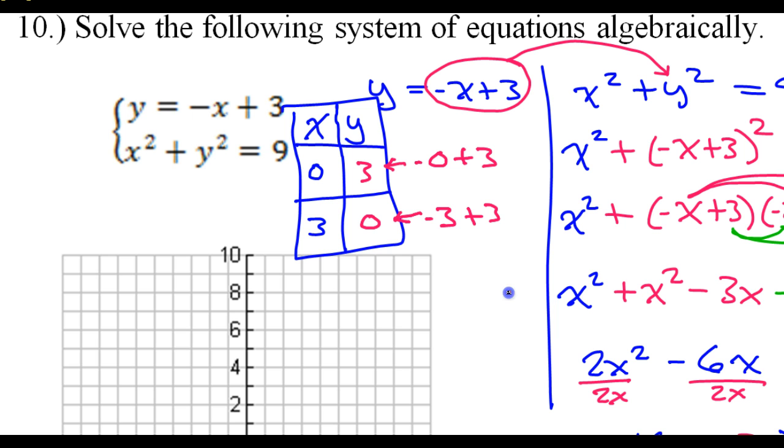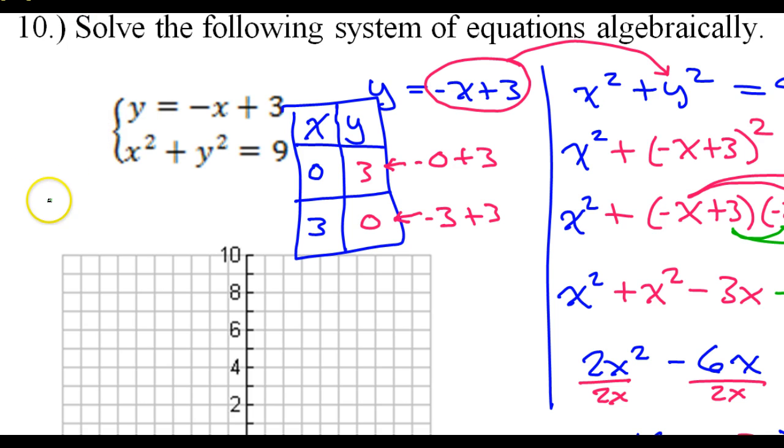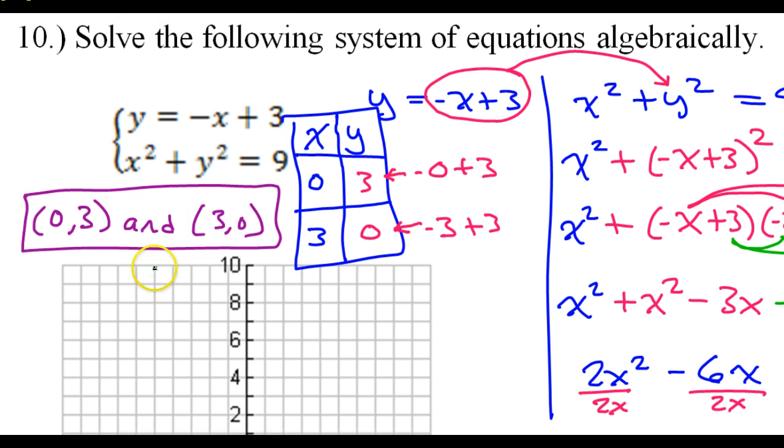Alright, so these are going to be my ordered pairs. So that means my final answers will be (0, 3) and (3, 0). Alright, so these are the solutions to the system.